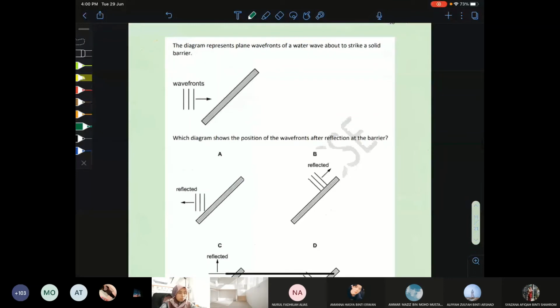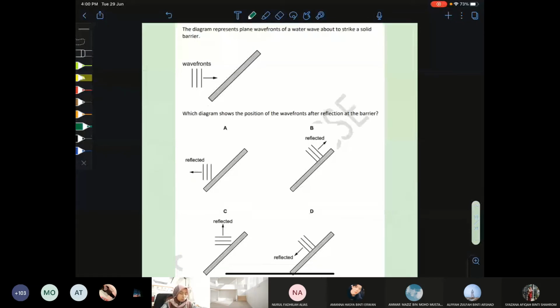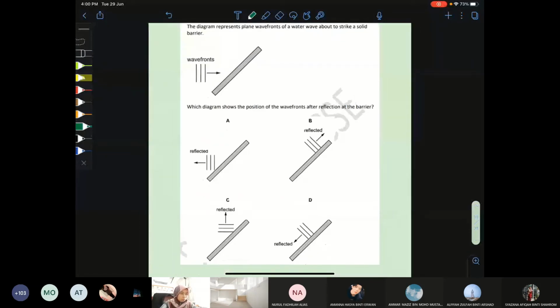Okay, most welcome. Now, the diagram represents plane wavefronts of a water wave about to strike a solid barrier. Which diagram shows the position of the wavefronts after reflection at the barrier? Okay, so if you have tried this one, what is your answer? C. Yay, C. So that is not difficult. Senang saja. Kita buat apa?